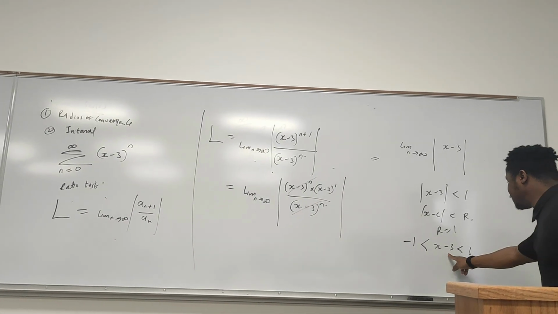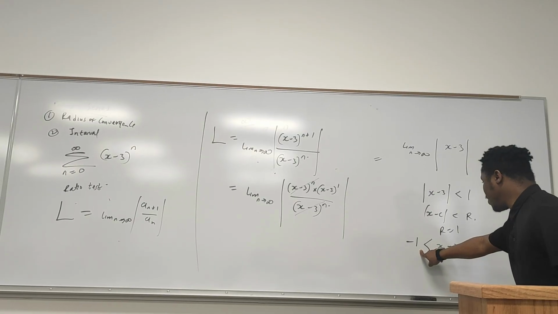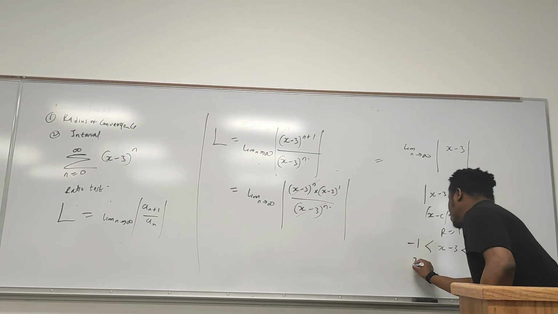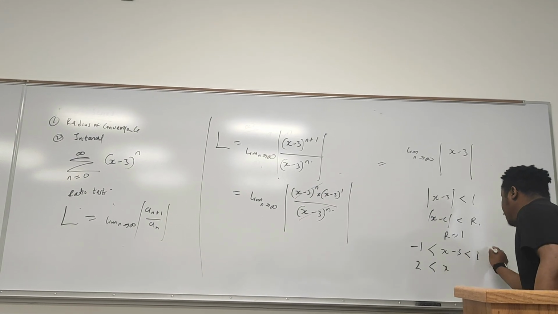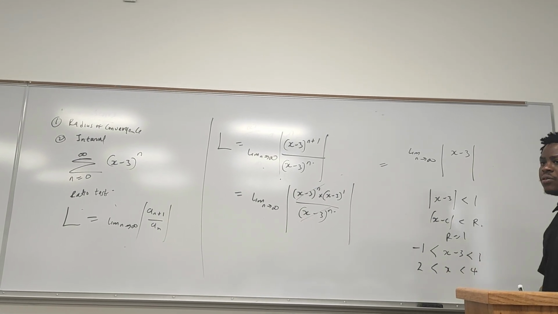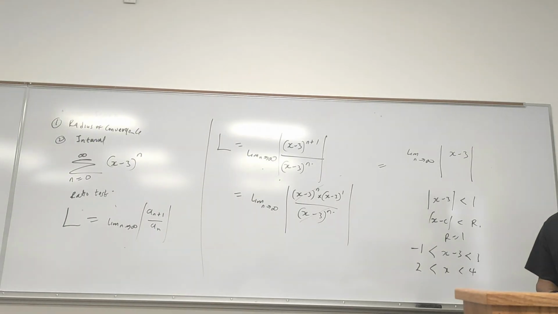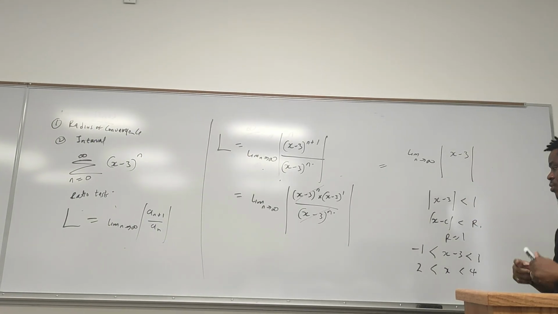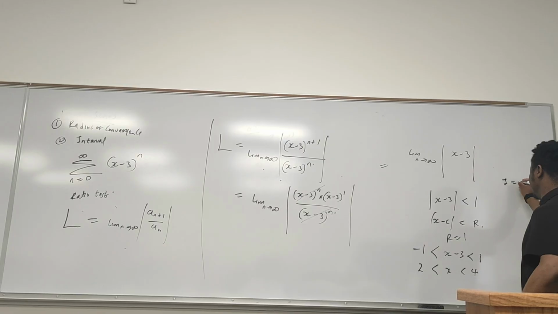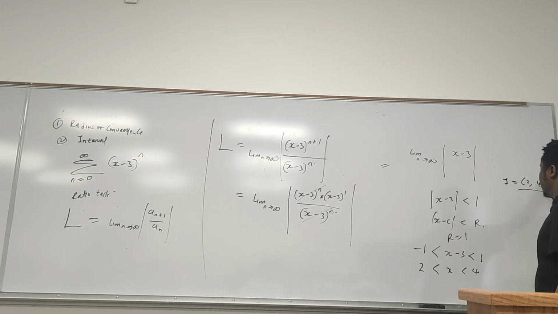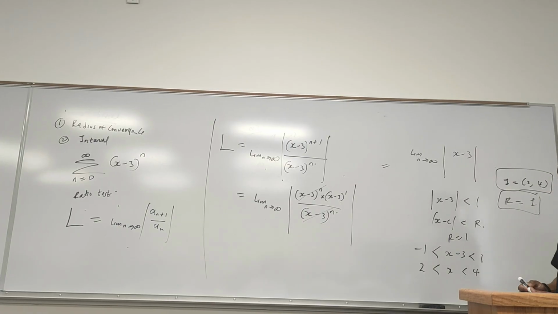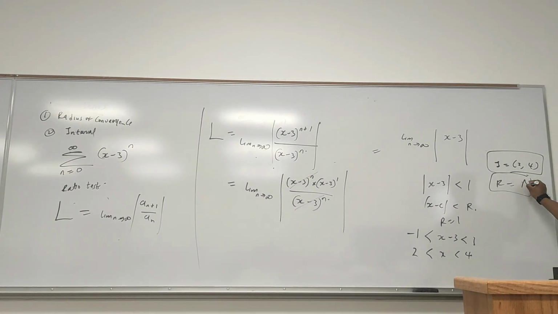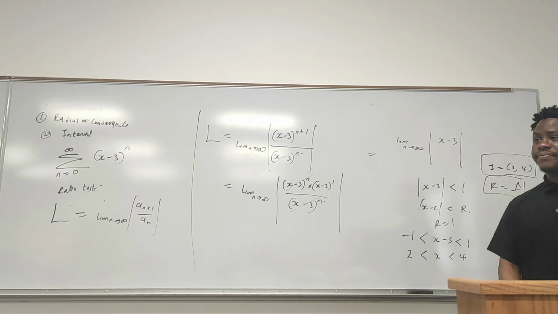So if 3 goes to the other side, minus 1 plus 3 is 2, less than x, less than 3 plus 1, which is 4. So the interval of convergence is between 2 and 4, that is (2, 4), and the radius of convergence is 1. So in this interval, the series converges. That's how you do it.